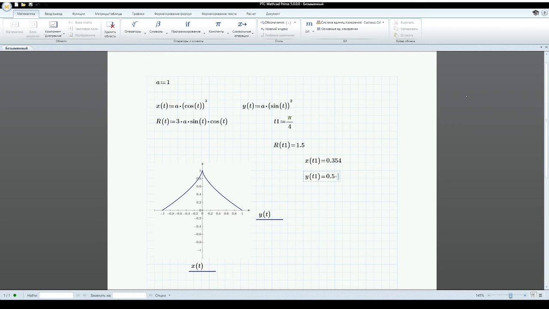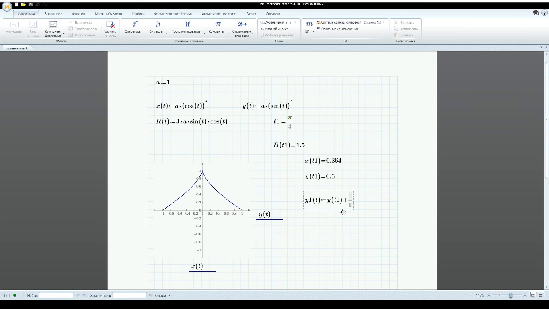The tangent line is y minus y of t0. It means the tangent line equals y0, it is y of t1, then plus the derivative of y with respect to x.